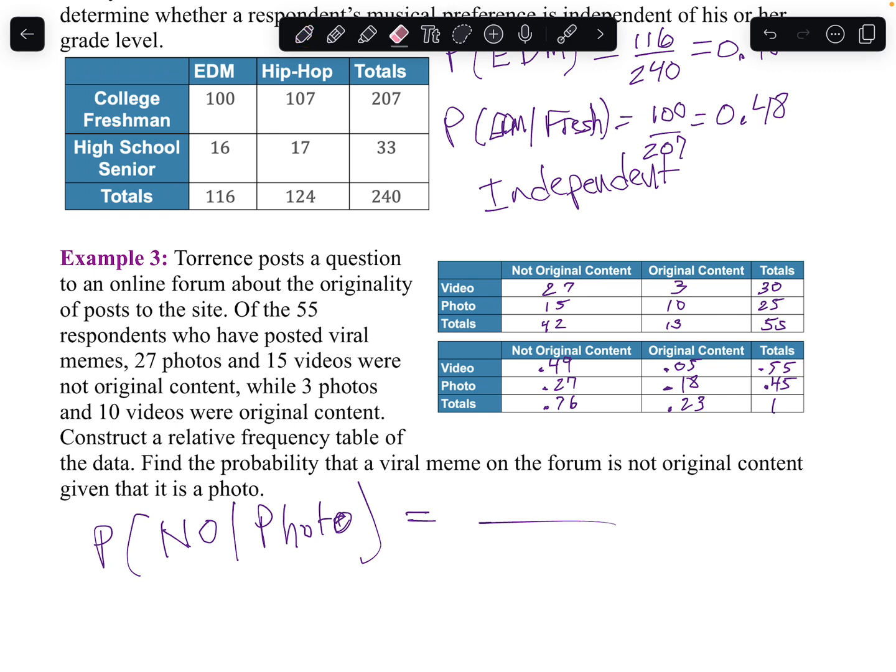Notice my photo row is 25. And then what are those not original? That would be 15 out of 25. And if I take 15 divided by 25, dividing by 5, I get 3 out of 5, or 0.6, or 60%.